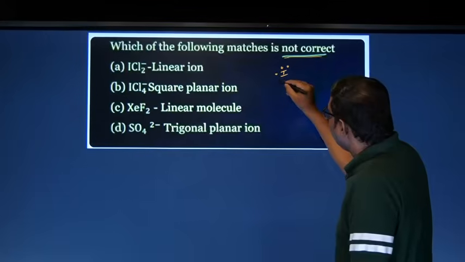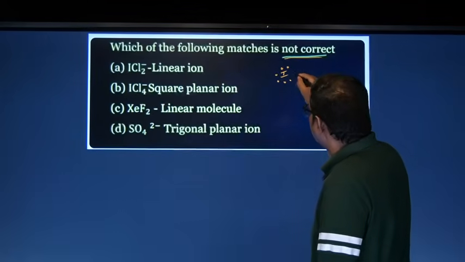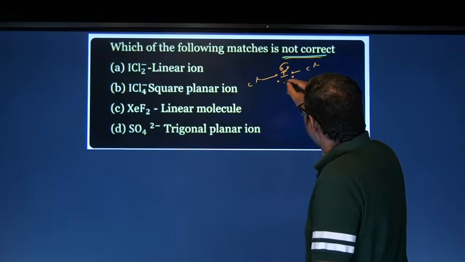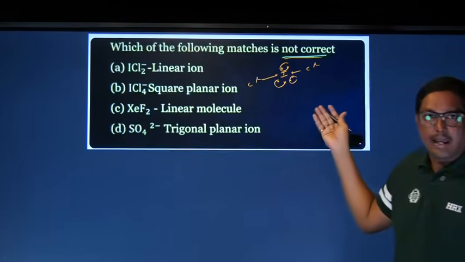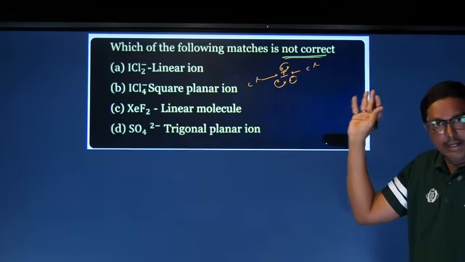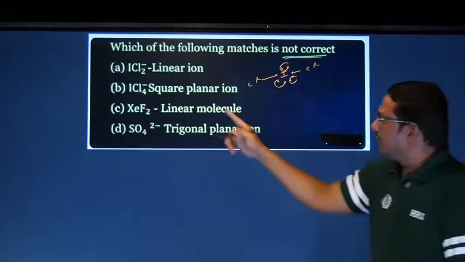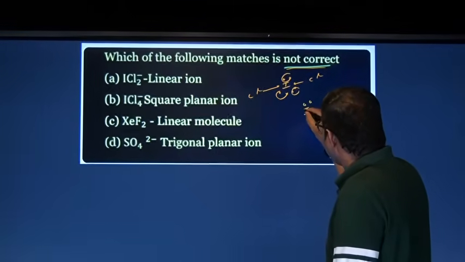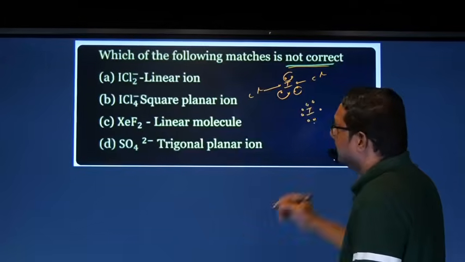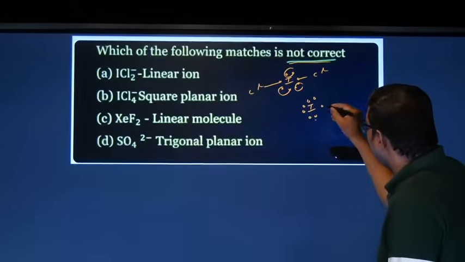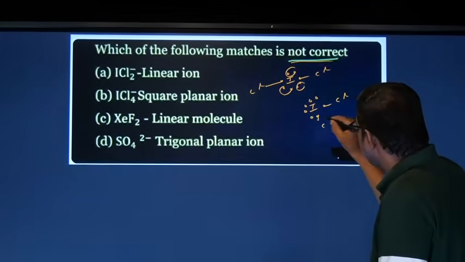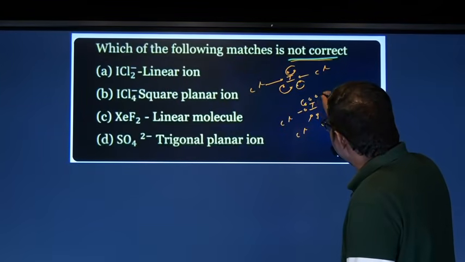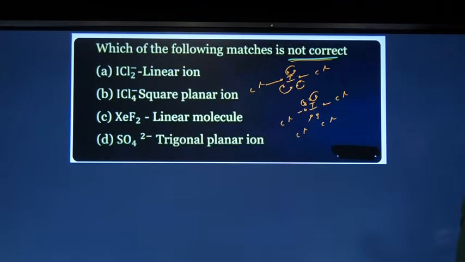It has a total of 8 electrons, including the negative charge, and then Cl and Cl. So it has sp3d hybridization and linear shape. Now if you go for the next one, this is my iodine. It has 8 electrons at the central atom, and it has 4 chlorines, no doubt. It has a square planar geometry.